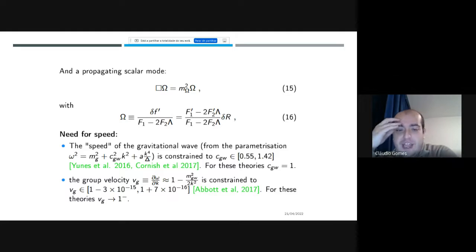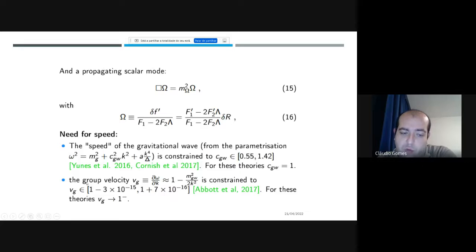In particular, the so-called speed of the gravitational wave, which arises from this parameterization, is constrained from these detected gravitational waves to lie in this range, okay? And for this theory, our model predicted exactly one, so it's perfectly inside of this range.